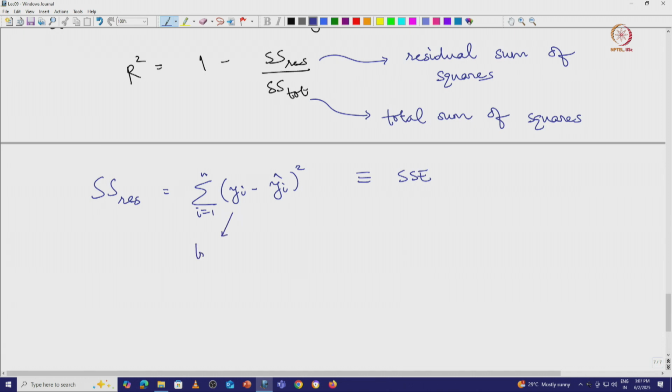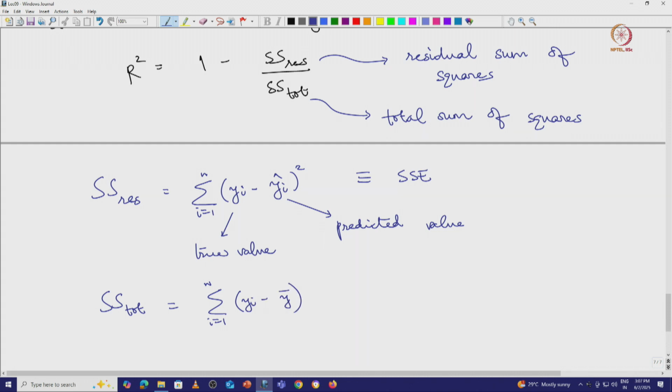So I remind you that for every data point this is the true value and this is the predicted value, and the total sum of squares is defined as the sum over all the data points of the difference between the predicted value and the mean, the sample mean of the values.